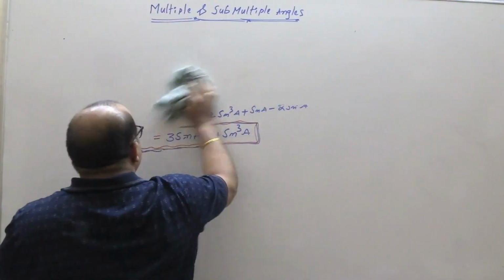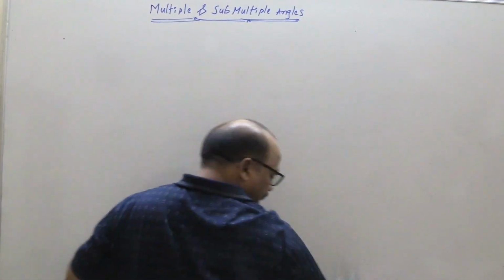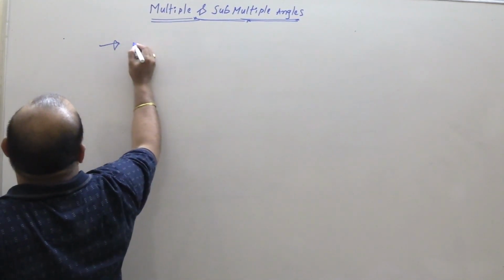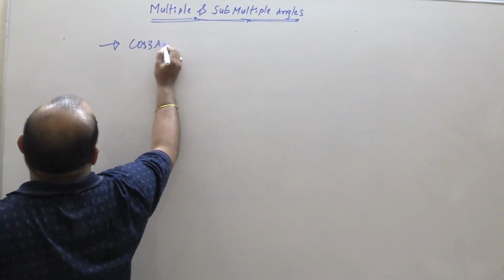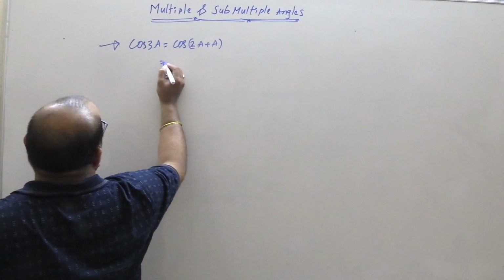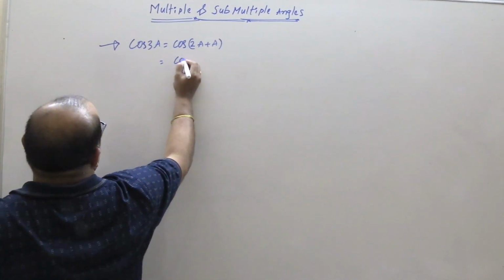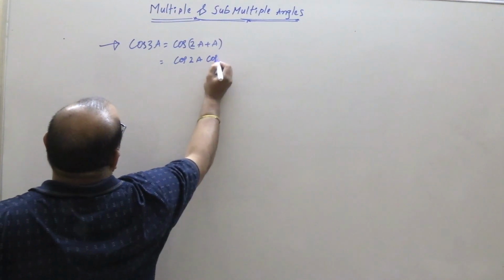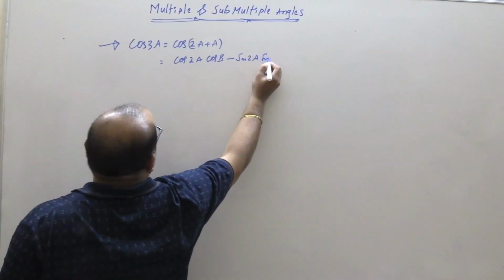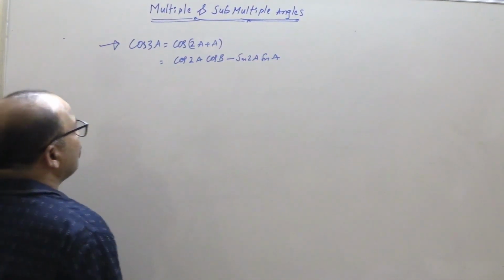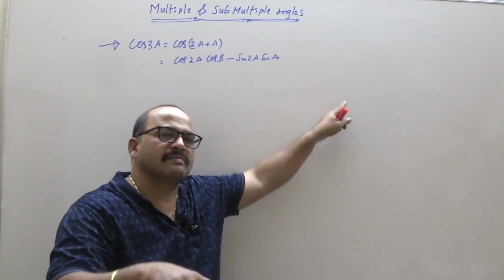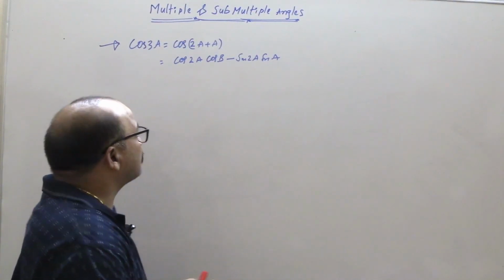Cos 3A can be written as cos of 2A plus A. Come on, the cos A plus B formula is the same: cos A cos B minus sin A sin B, with A in the place of B. This whole function is converted into cos, because the cos 3A formula is in terms of cos. You can easily remember it. Okay, now students?